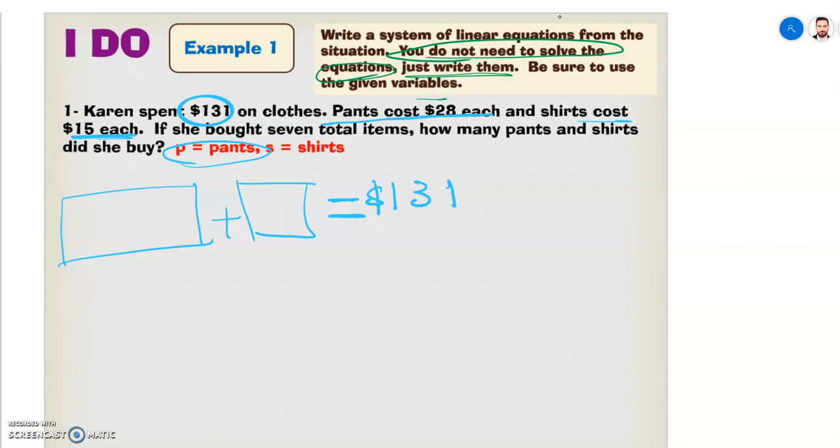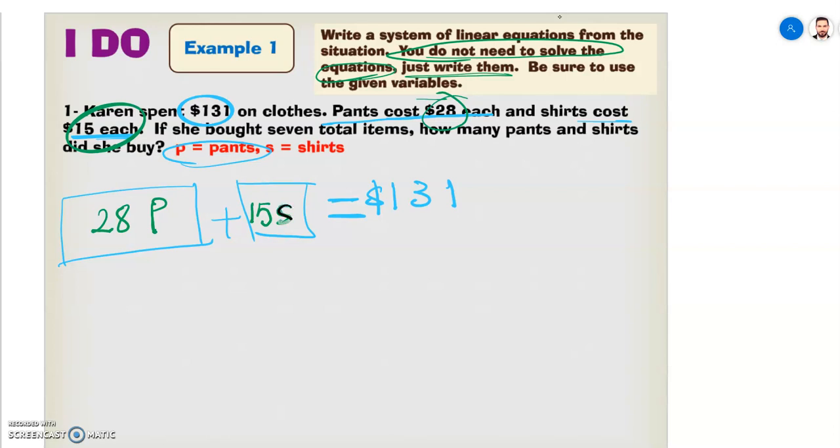The cost of each pant is 28, so 28 only for P, which is pants. And the cost of each shirt is 15, so I have to write 15S. So first of all, I let you know how to translate the first situation. It talks about the total spent. She spent 131, so the total for spending is 131.